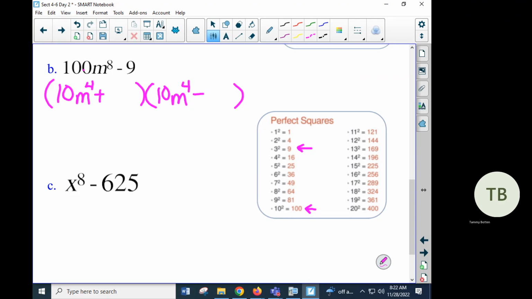And then with the 9, I put the square root of 9 in these other two places, and the square root of 9 is 3. The positive one you don't have to worry about. This one you do. But the fourth, that would work if the 10 and the 3 were perfect squares, and they're not. So that means we stop right here.